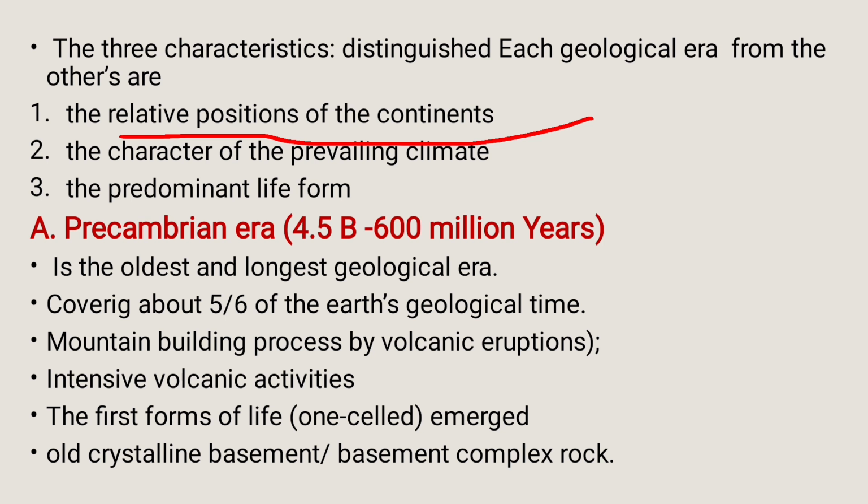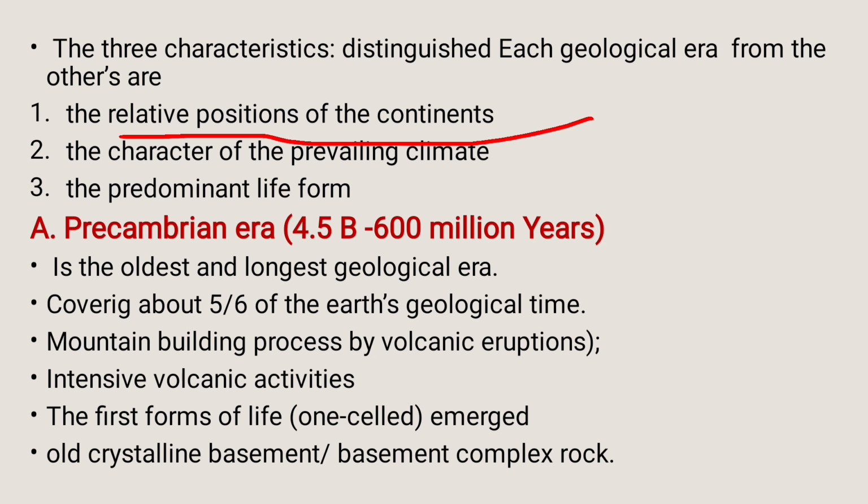Another, the character of the prevailing climate, is also used as a distinguisher between one geological era and another. And the third one is the predominant life forms, which are also used for separating the geological eras from one another. Good.